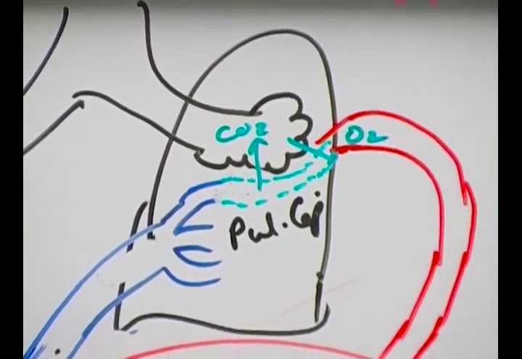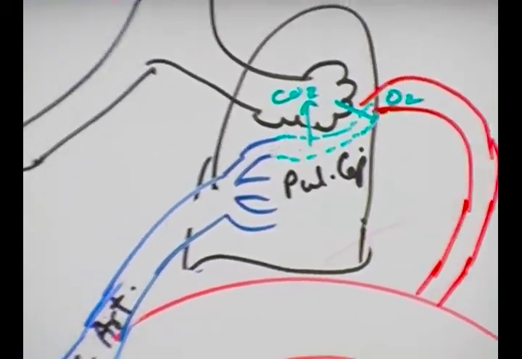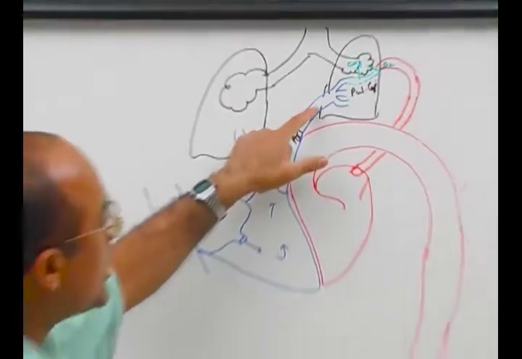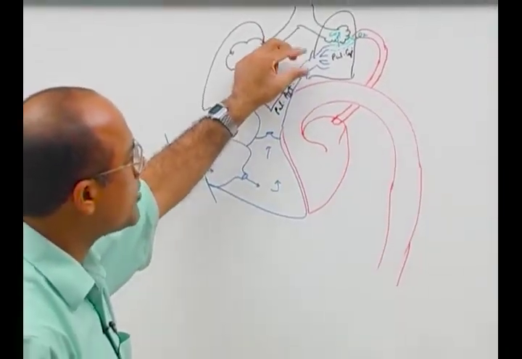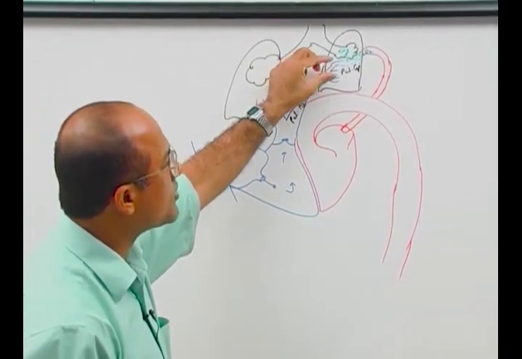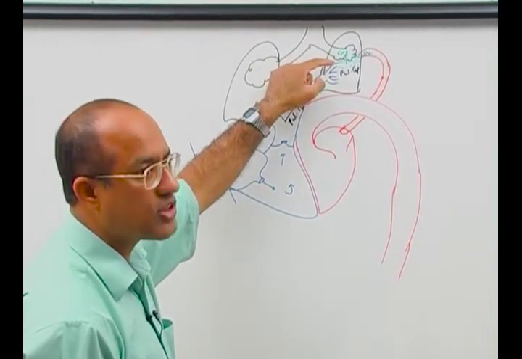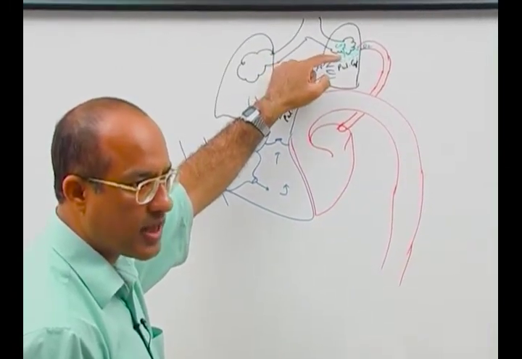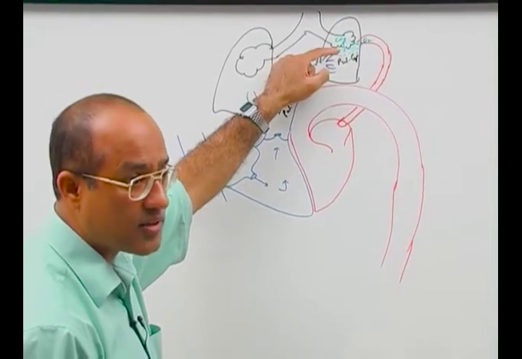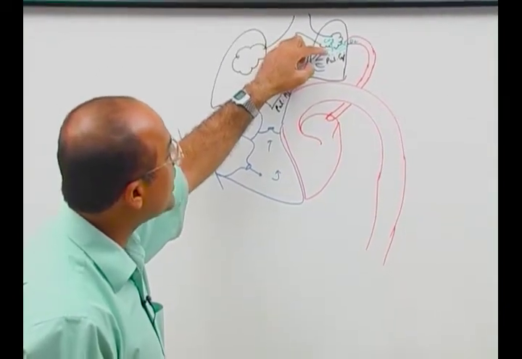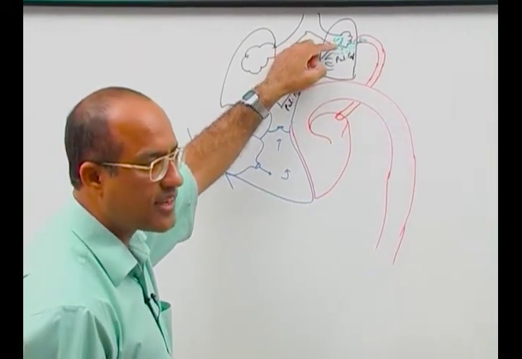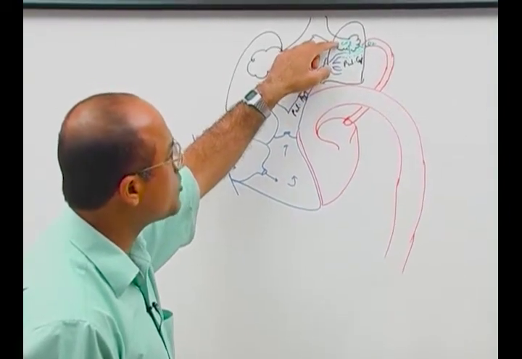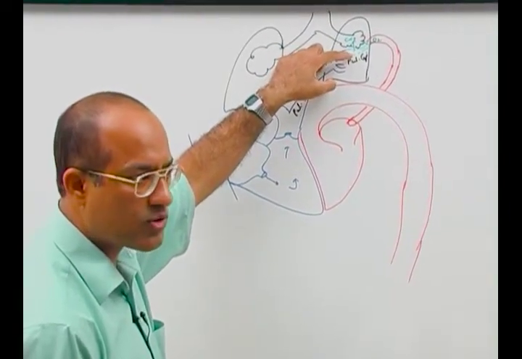So what really happens is that the pulmonary arterial tree, as it passes through the lung tissue, breaks down into smaller arteries until the smallest arterioles break down into capillaries, which are pulmonary capillaries. And pulmonary capillaries are the area where gas exchange will occur between the air spaces and the vascular system.